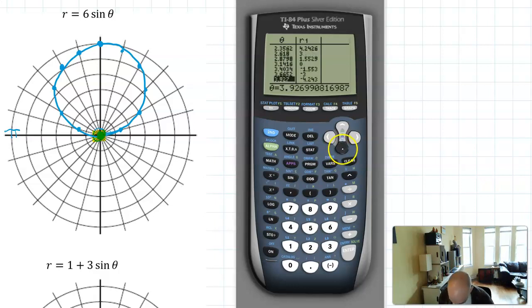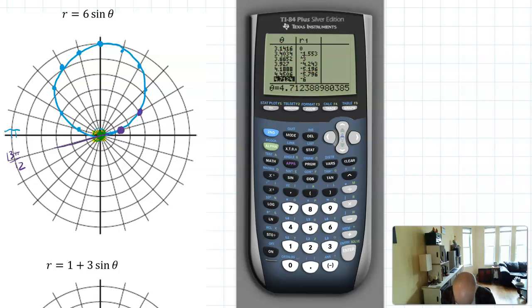And if we scroll down to angles past pi, we notice that now we're getting negative radii again. For example, at 13 pi over 12, I plot the radius of negative 1.5, which is actually this point again.